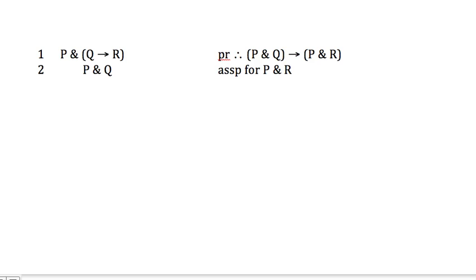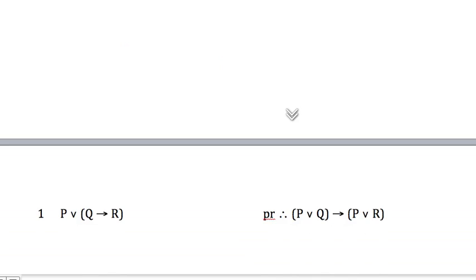Once we have P, once we have Q, and more important, once we have Q arrow R, we can put the Q and the Q arrow R together in a modus ponens. That'll give us R. We'll already have P, we'll have R, conjunction will get us P and R. As near as I can tell, everybody did this one correctly, so I'm not going to say anything more about it. But it's just a reminder that when you've got a conditional, you have to do conditional proof.